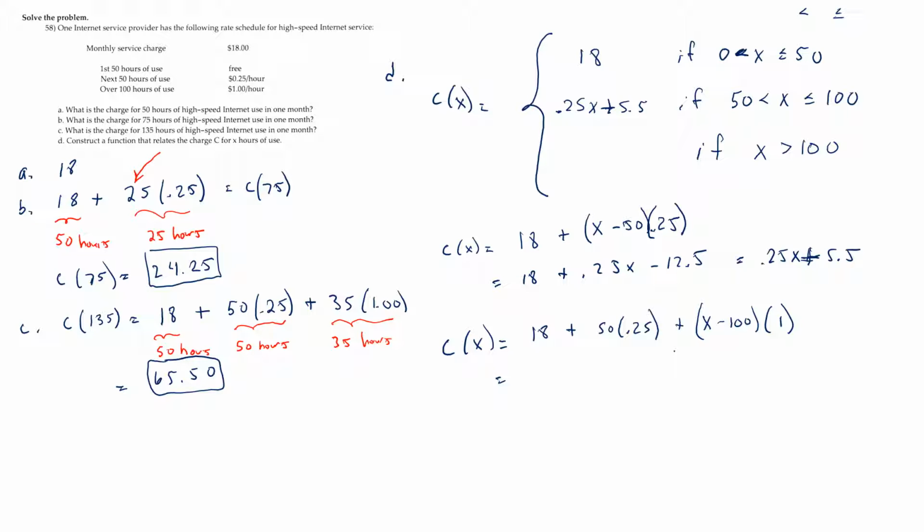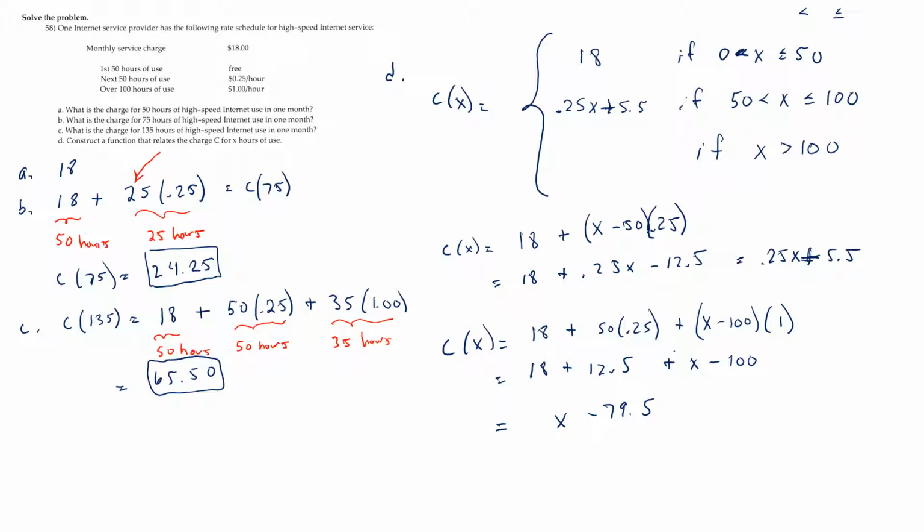And so now I'm going to simplify this. We have 18 plus 50 times 0.25, which is 12.5, plus x minus 100. And so we have x, and then 18 plus 12.5, that would be 20.5. And if I subtract 100, I think that's negative 79.5. But I'm going to check that.